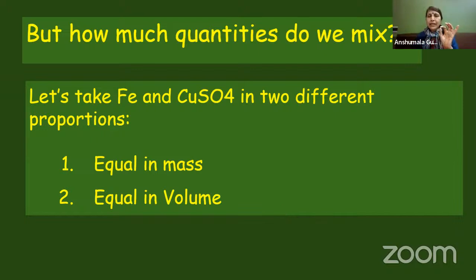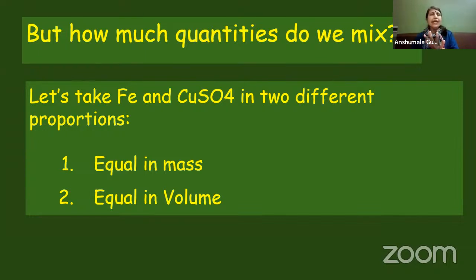The number of particles inside may or may not be the same, but they're saying that since particles are something we cannot look at, maybe we can take equal mass or equal volume. But there is a contradiction in that, because if we weigh 1 gram of iron powder, it contains different types of minute iron particles, and each one we take and weigh is different. Absolutely. Then how can we say that it is equal in mass, total? That is my concern.